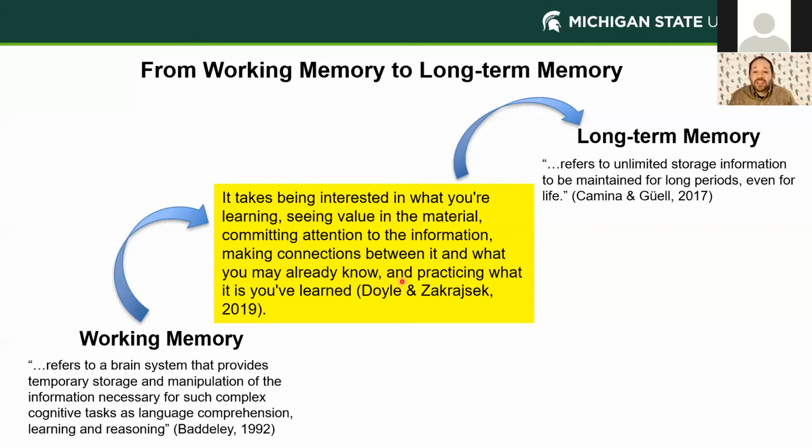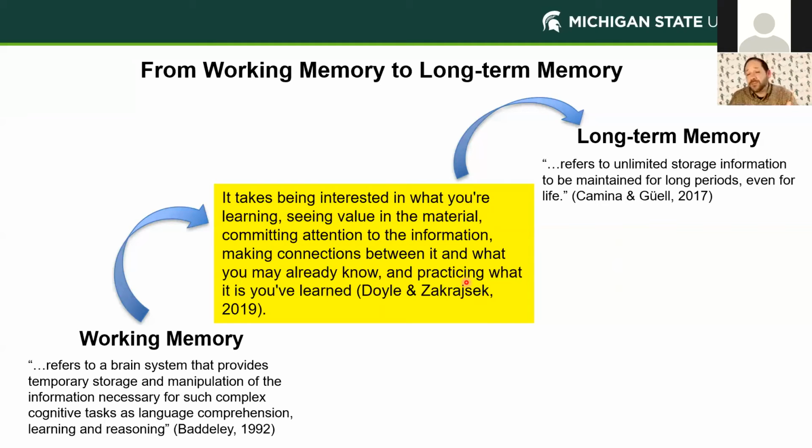So associating something that you already knew with new information will also contribute to moving working memory to long-term memory. Then practicing that information, how you continually use it, so you repeat the information.